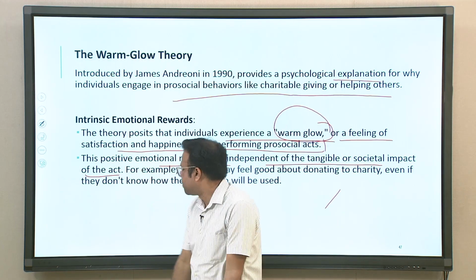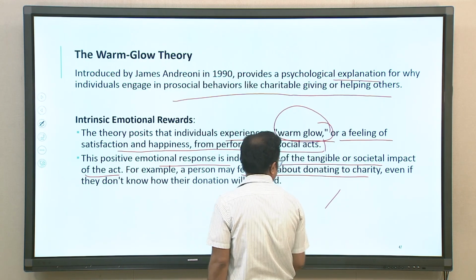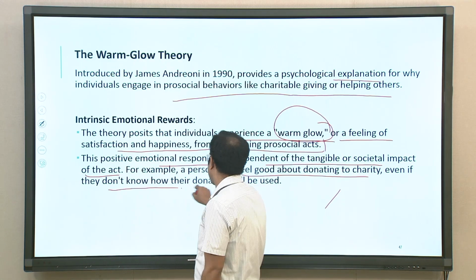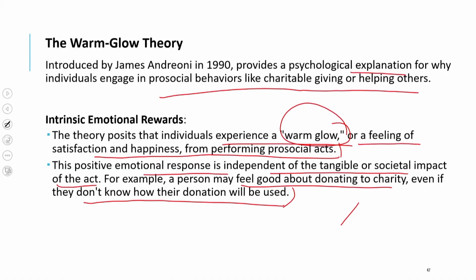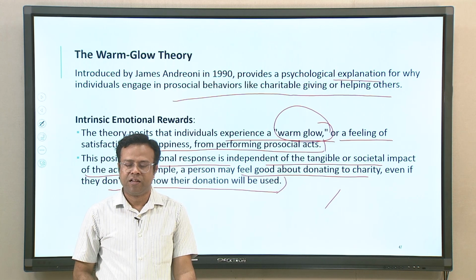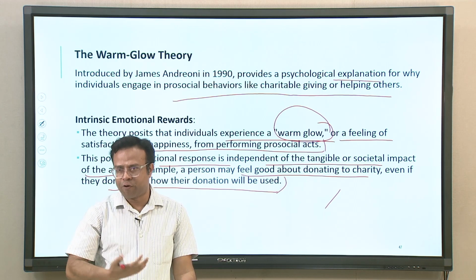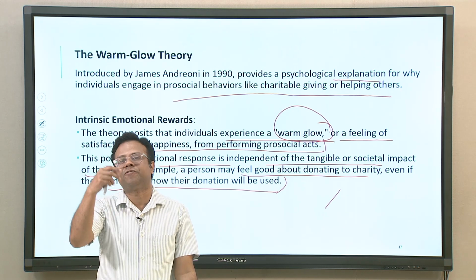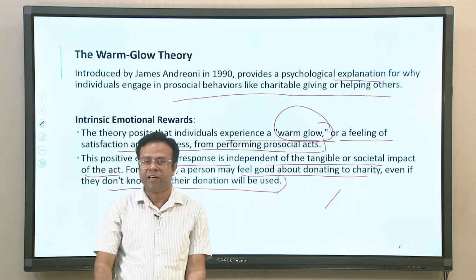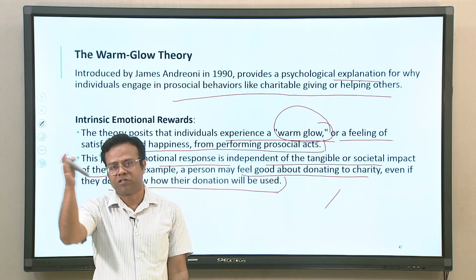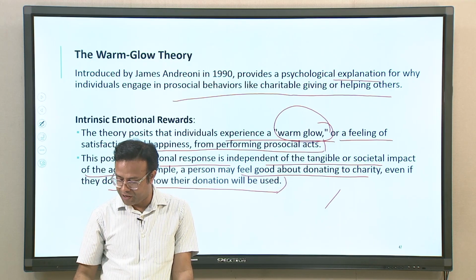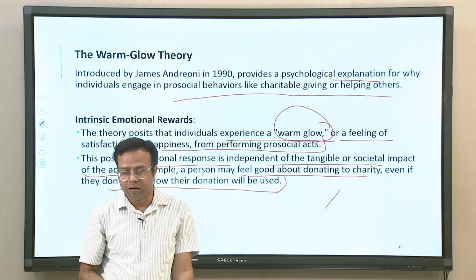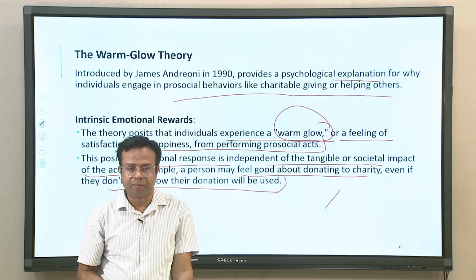For example, a person may feel good about donating to charity even if they do not know how their donation will be used. If the person just donates with the intention of benefiting somebody, that itself gives them this warm glow experience, even if they do not know how it is used. Because of this intrinsic emotional reward, people engage in prosocial behavior, and it enhances well-being.